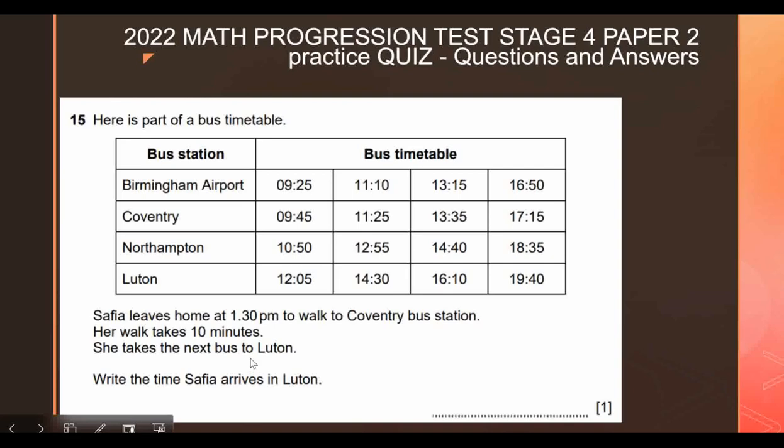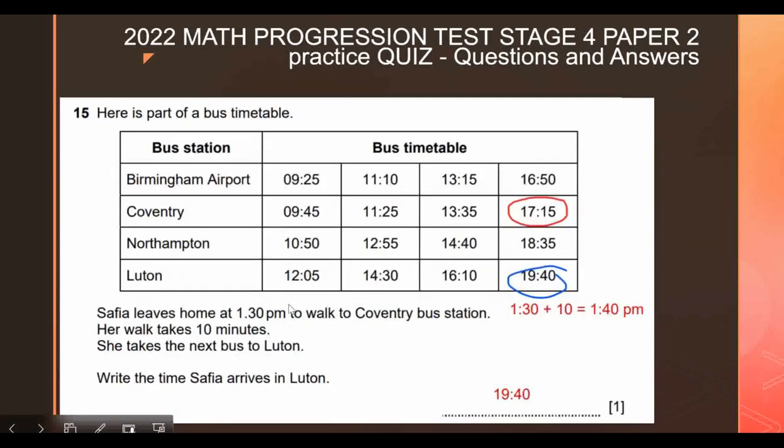Okay, let's see the answer. So 1:30 plus 10 minutes is 1:40 p.m. So at Coventry, this bus is before 1:40, so Savia must take the next bus from Coventry to Luton. So what time does Savia arrive in Luton?